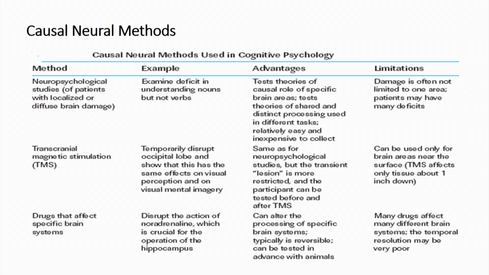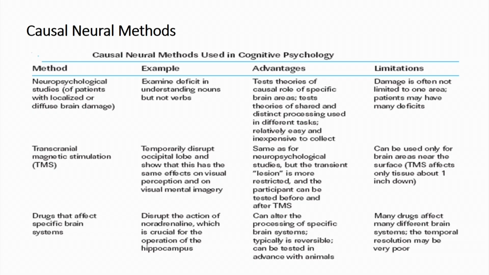So, in the neurophysiological studies, patients with localized brain damage, or brain damage to certain areas, are used, and they are compared with people who have no brain damage. This is how the cognitive processes, or the mental processes that go on when a particular mental activity is being done, are studied. An example could be a deficit in understanding how nouns and verbs are processed.